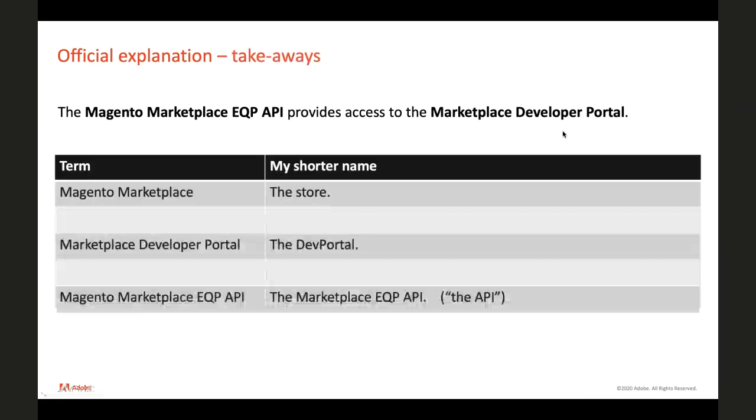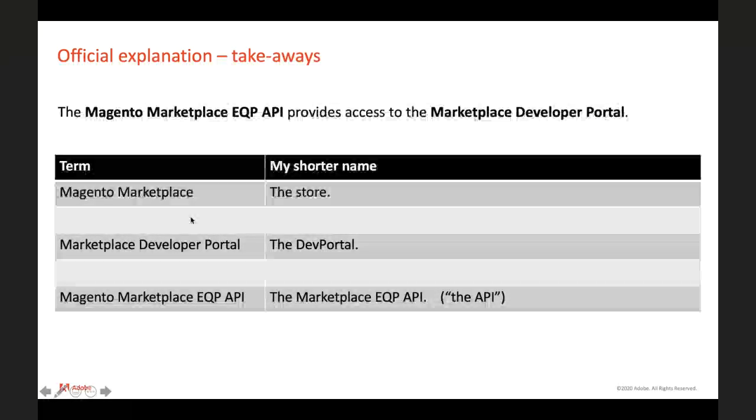So the key takeaways are that there is a Magento marketplace. This is like an app store. In this presentation, I'll most likely refer to this just as the store. Where you go to submit your extensions is the Marketplace Developer Portal. In this presentation, I'll end up using the term dev portal.